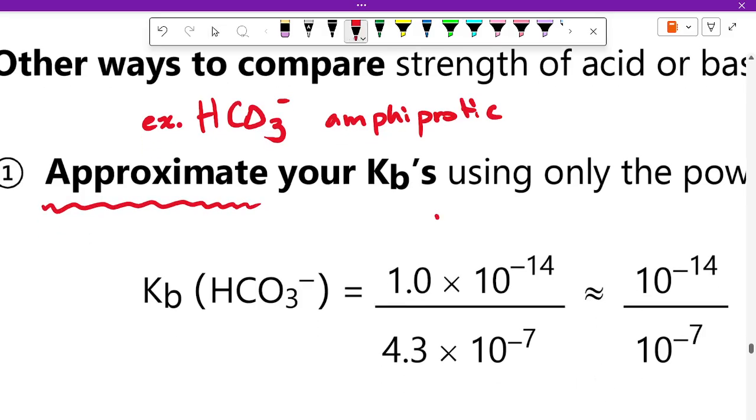There's our Kw. And that is over, what goes on the bottom to find Kb? Ka. Now, who is it the Ka of? Conjugate acid. So there's going to be H2CO3.